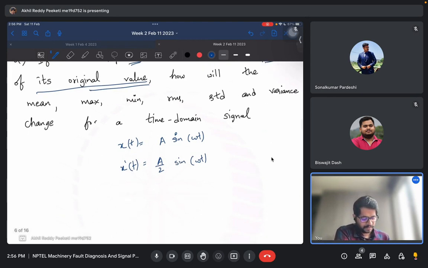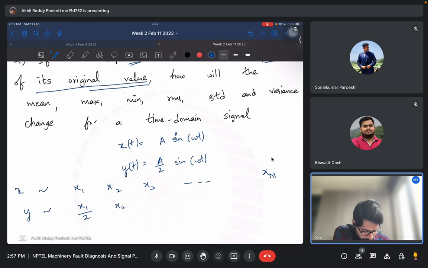Now all the data points would also become half. Let's call it a new signal y. If the original data is x1 to xn, the new data would be x1 by 2, x2 by 2, x3 by 2 and so on to xn by 2. So if the amplitude becomes half, all the data would also become 1 by 2.